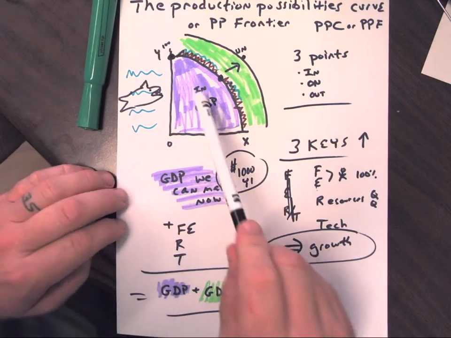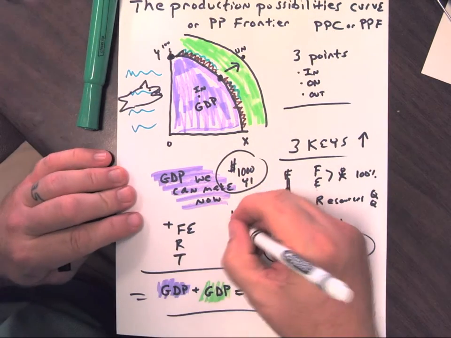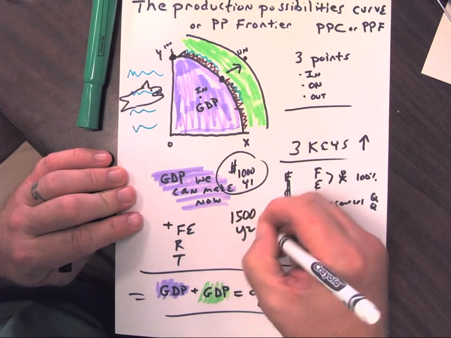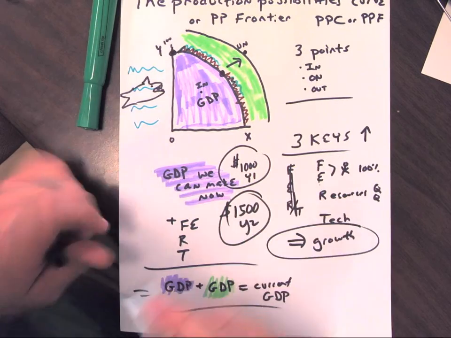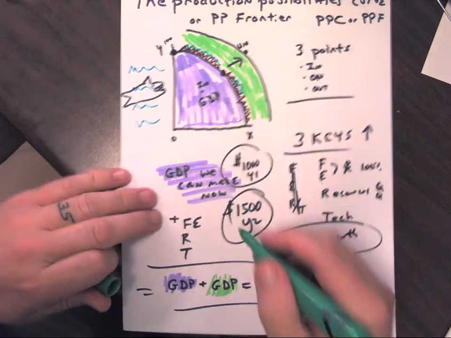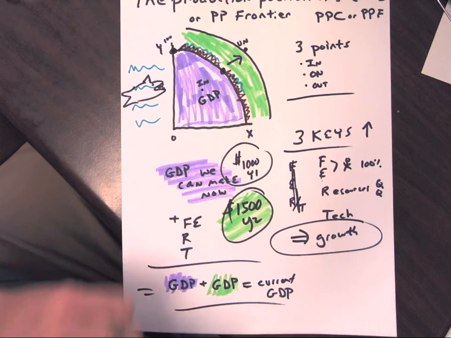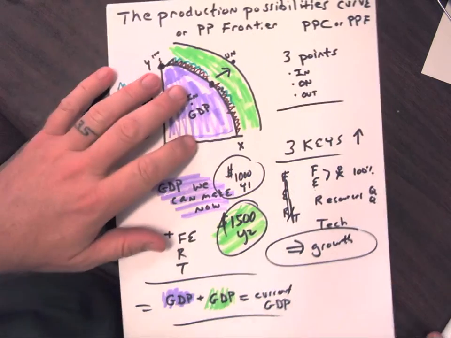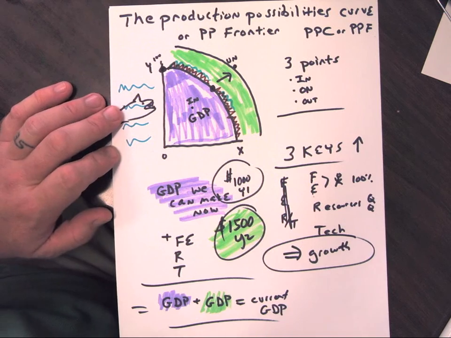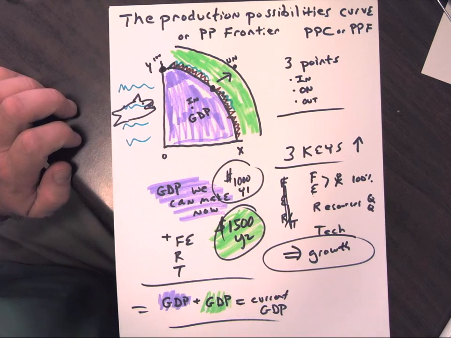So say you add the purple and the green together, and we get 1,500 in year 2 of GDP. So when it comes to the PPF or PPC, we're going to have our 3 points, our 3 keys, economic growth, and this is how economies can grow.